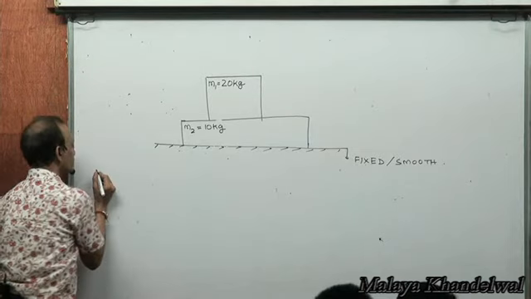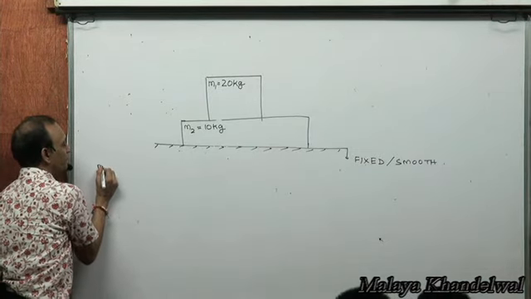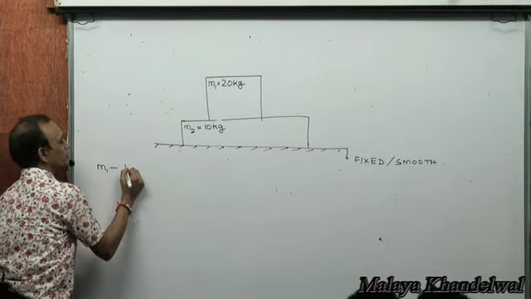And say between m1 and m2 there is friction. That means along this interface there is friction, and coefficient of static friction, let's say, is given to be 0.1. Coefficient of static friction between m1 and m2 is given to be 0.1. Right?